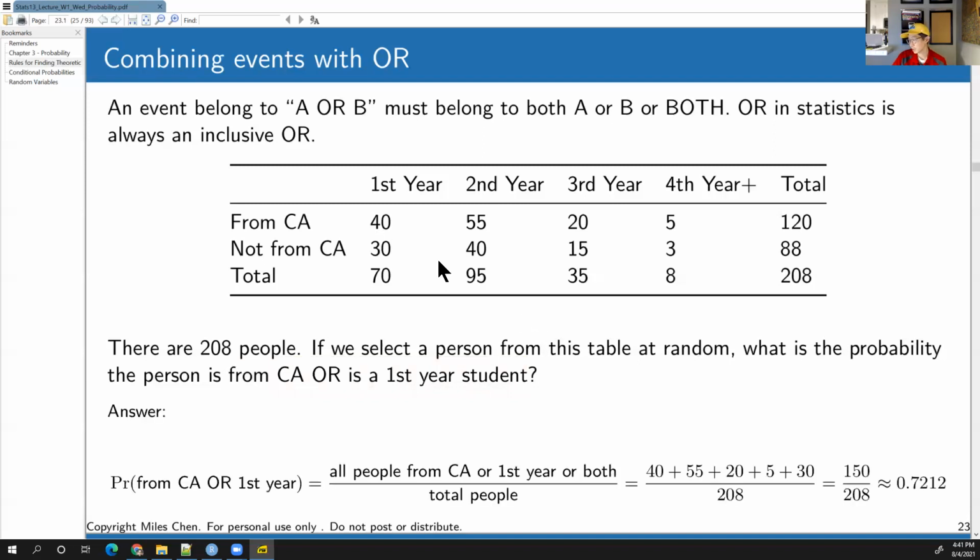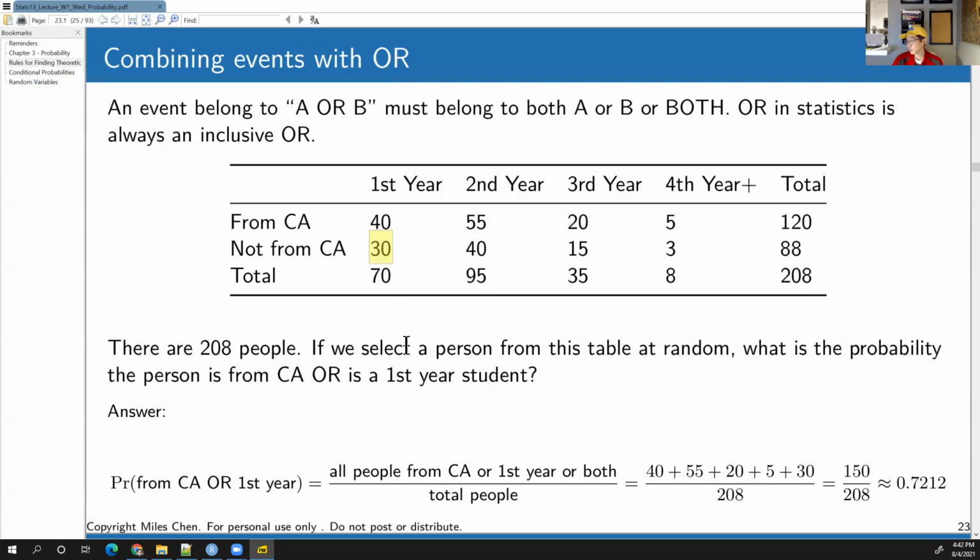So we're going to look at all the people who are from California or a first year or both, right? And so we can say, okay, we got all of these people. These are all the people from California. We got the first year Californian, second year from California, third year from California, fourth year from California. We add all of those up. Those add up to 120. We also add up this number. We have 30 first-year students who are not from California.